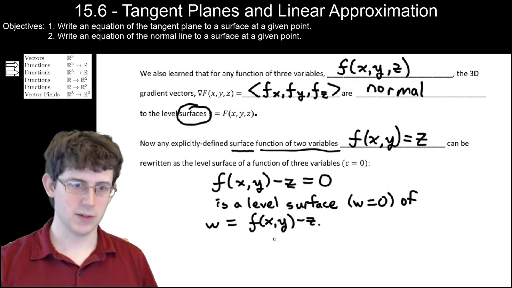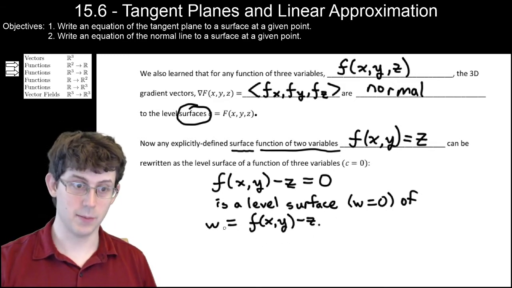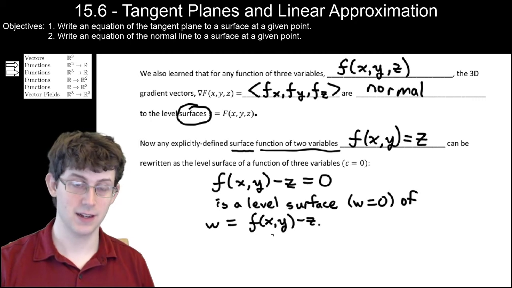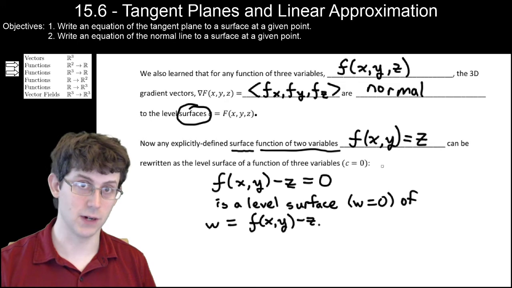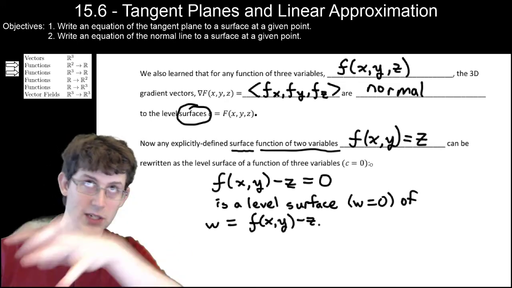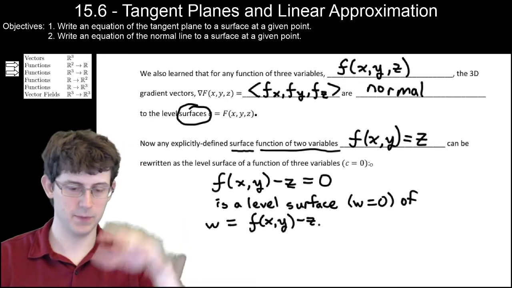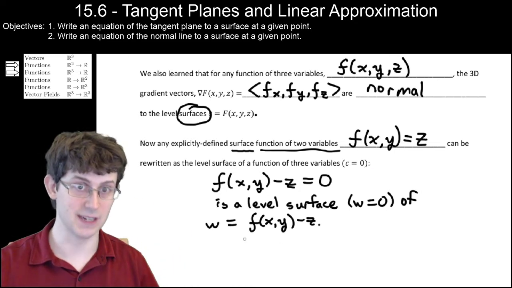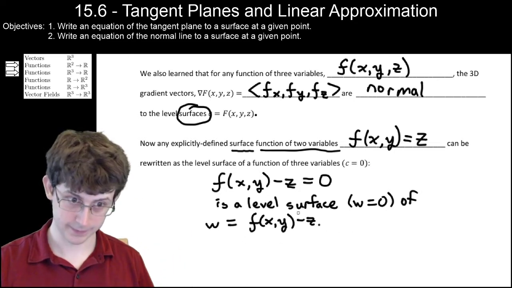So this function, you can plug in x, y, and z, and you get out a number. All of the points in space that give you 0 as the output is a level surface of this function. But that's also the same surface as the function we started with, a function of two variables. So this allows you to switch back and forth between a surface as a function of two variables and a surface as a level surface of a function of three variables.